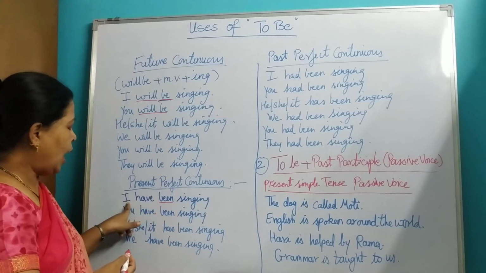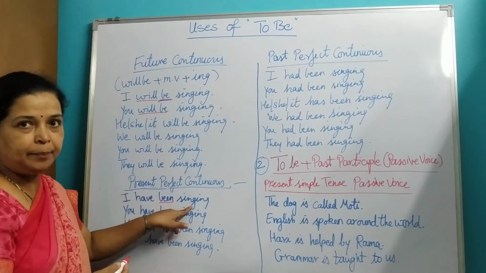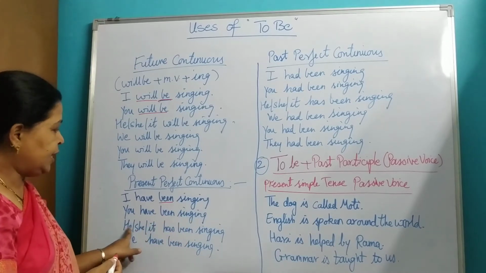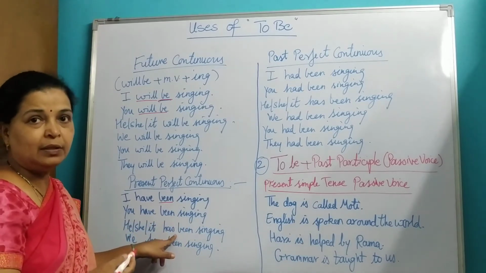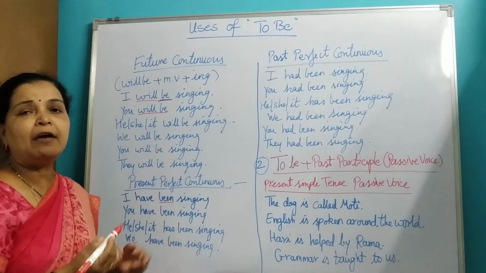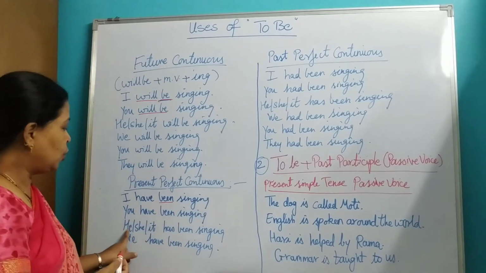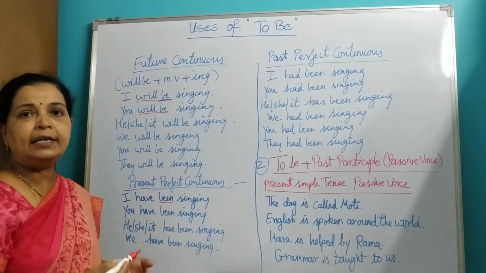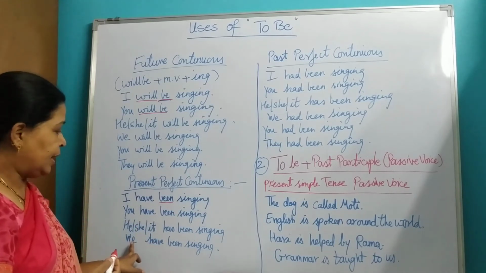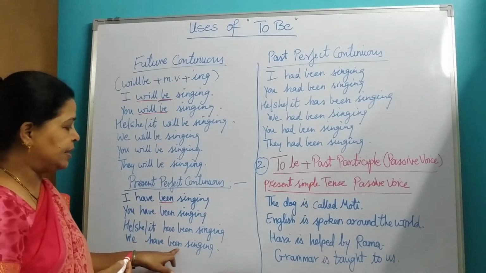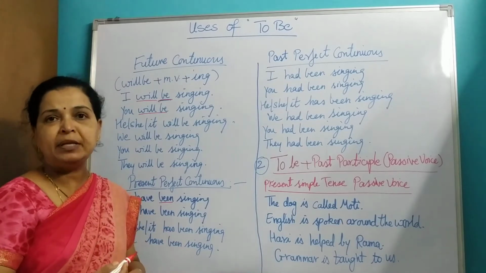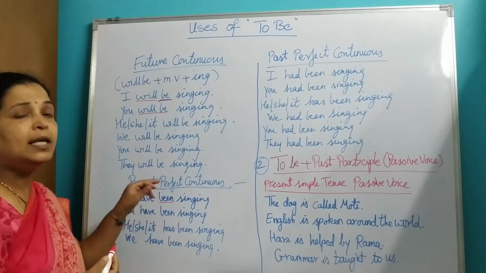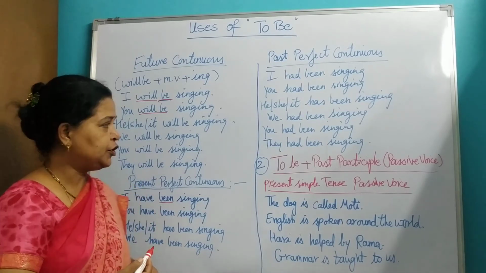I have been singing, you have been singing, then he has. With third person singular we have to use has. So he has been singing, she has been singing, it has been singing. Then plural, we have been singing, you have been singing, they have been singing. So that is the present perfect continuous tense.